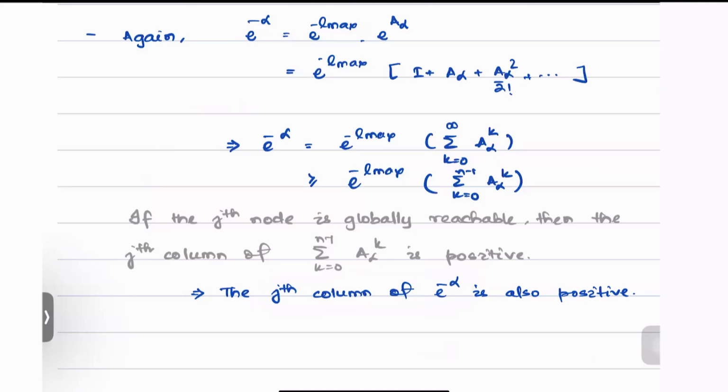Yet another property follows quite directly from the fourth property. Imagine that the network is strongly connected. What happens then? In a strongly connected network, every node is in fact globally reachable. Hence, every column of e raised to the power minus L is now positive, meaning the fifth property follows quite directly.